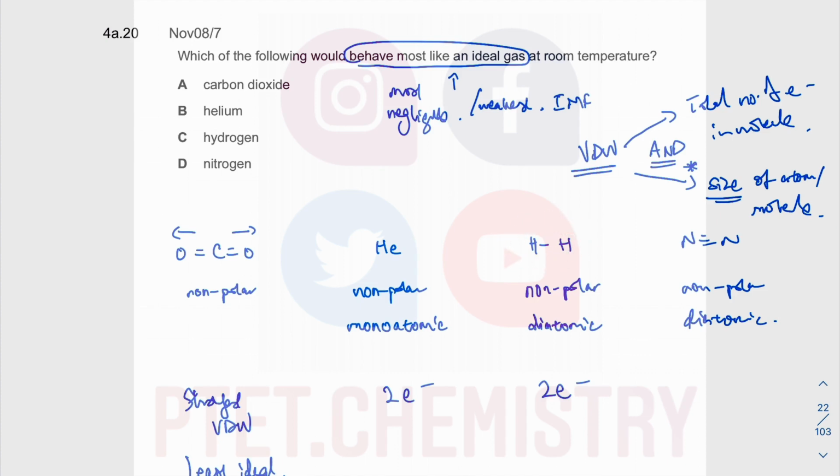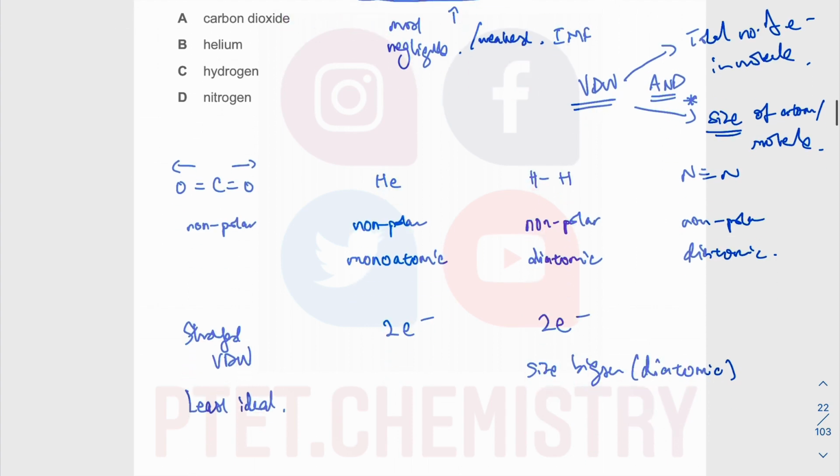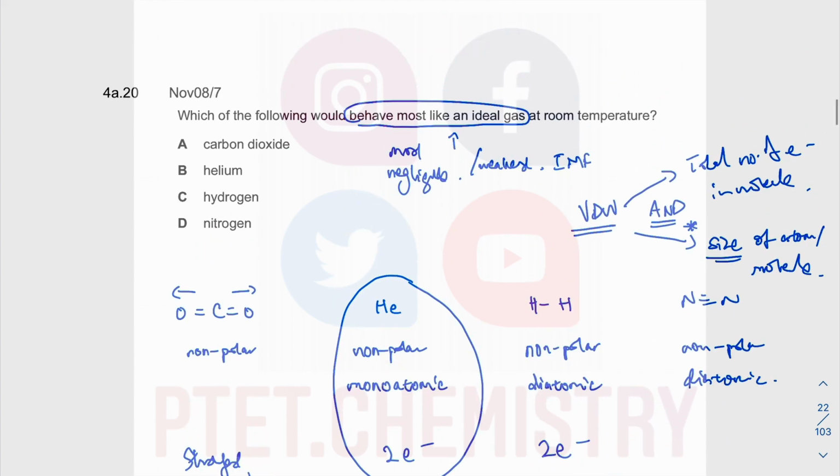It's always going to be bigger than helium, so the size is bigger because, well, you know, it's got 2 atoms instead of 1 atom. So therefore, stronger van der Waals. So we are looking at these having the weakest van der Waals compared to hydrogen, compared to the rest which have more electrons, and therefore helium will be the most ideal out of all 4 options given here.